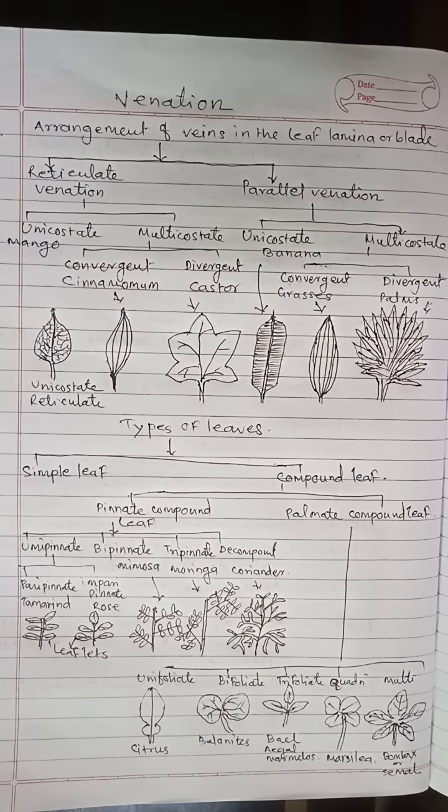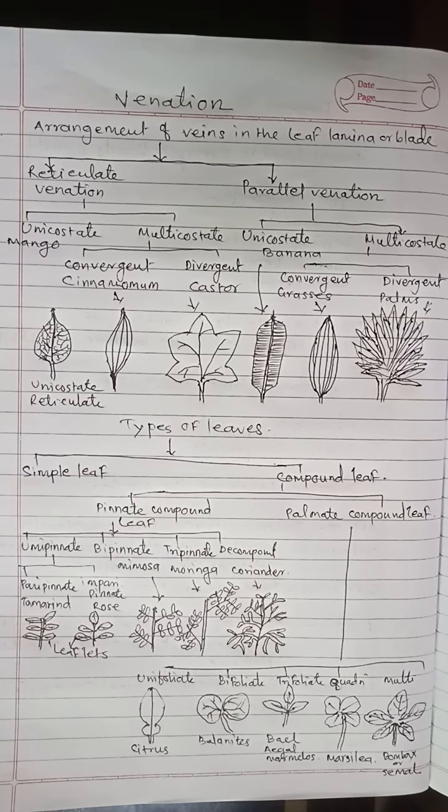In paripinnate type, the unipinnate leaf has an even number of leaflets, means at the apex of the leaf there is a pair of leaflets on a primary rachis. They are borne in pairs with no terminal leaflet at the tip of the rachis.